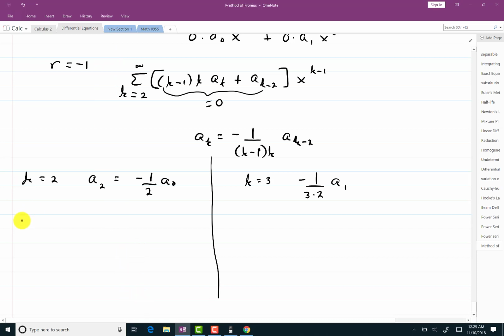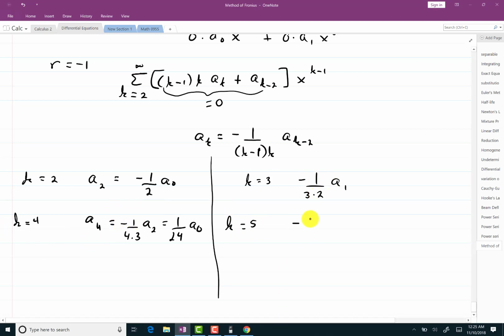So we have k equals 4, a sub 4 equals negative 1 over 4 times 3 a sub 2, which equals 1 over 4 times 3 times 2, which is 24, a sub 0. Then when I get over here to k equals 5, it would reference back to a sub 1.